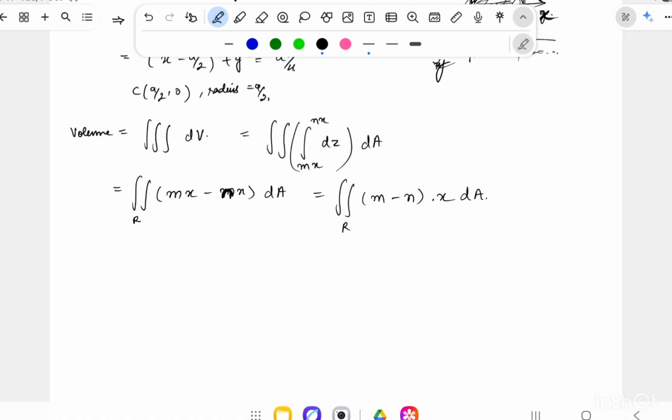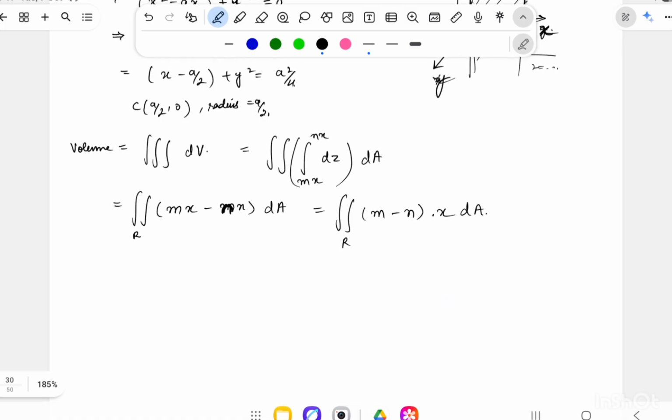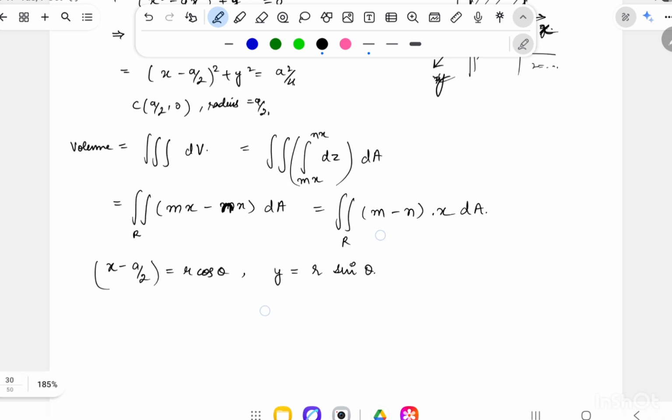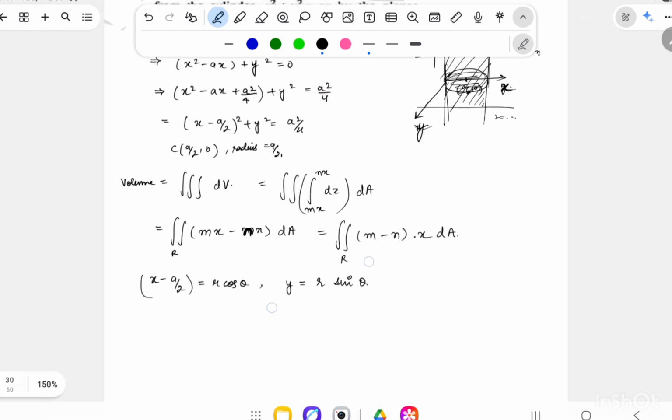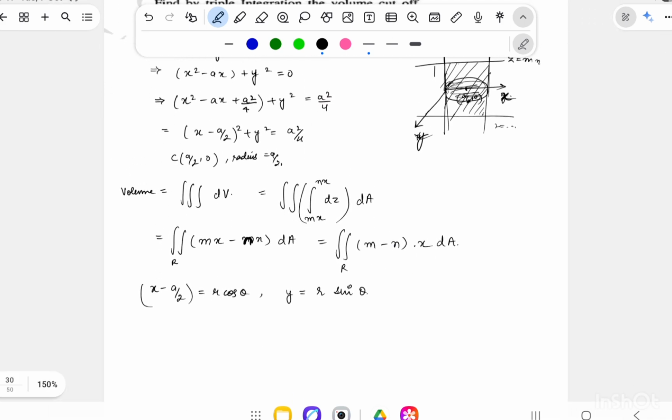In that, I can assume x minus a by 2 equals r cos theta and y equals r sin theta. Or what I can do is, I can just assume x as r cos theta only and y as r sin theta.